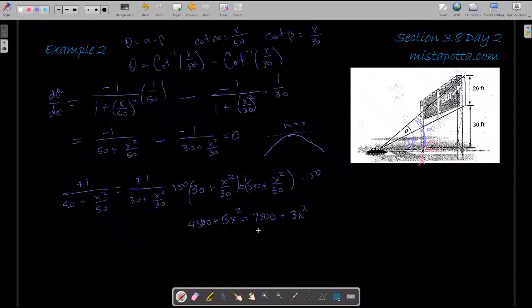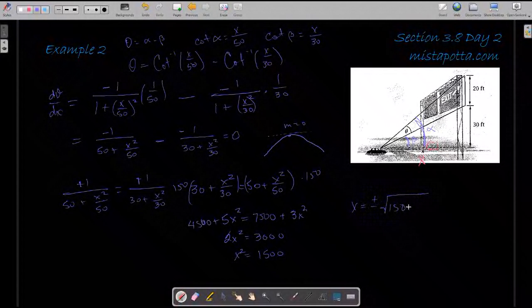And so I've got 2x squared equals 3,000, or x squared equals 1,500. Now, of course, when I take x, I'm going to get the positive and negative square root of 1,500.